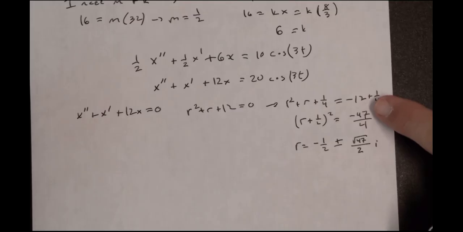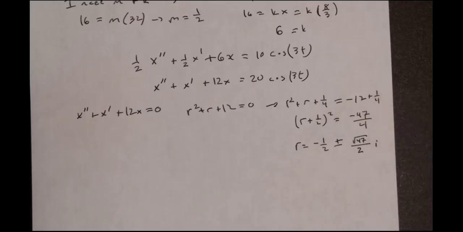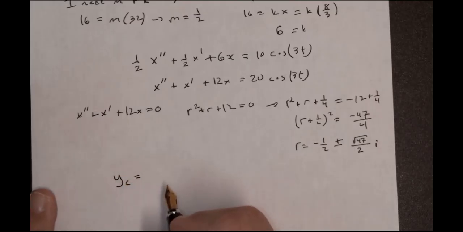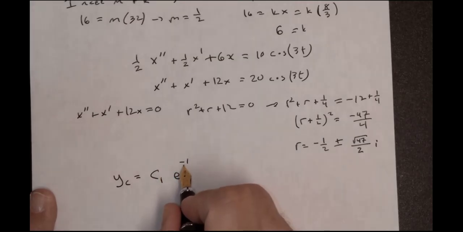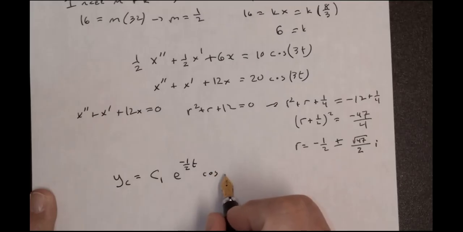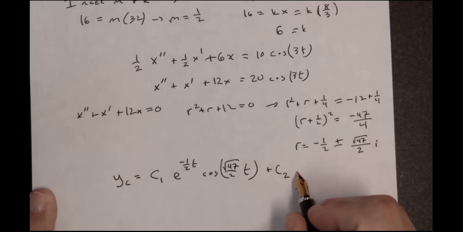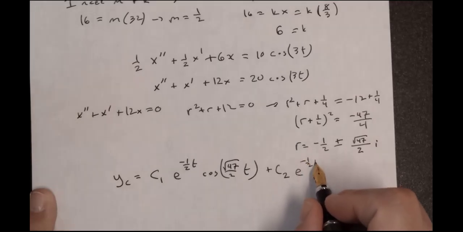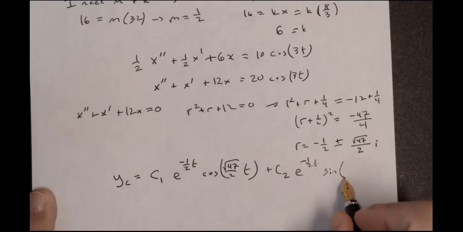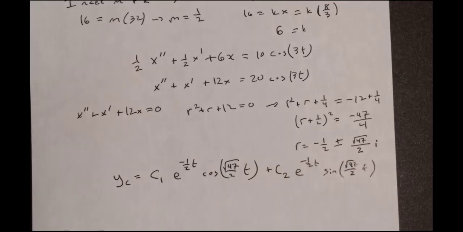48 over 2? It's okay. Wait a minute. That means my complementary solution is C1 e to the minus 1/2 t cosine root 47 over 2t plus C2 e to the minus 1/2 t sine root 47 over 2t.